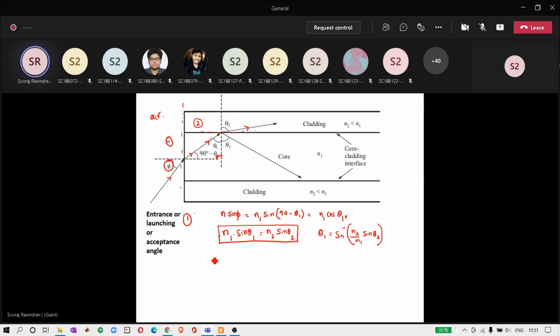Therefore, I am going to get n into sine phi is equal to n1 cos of sine inverse of n2 by n1 into sine theta 2. I'm just using some simple trigonometry. That's all.